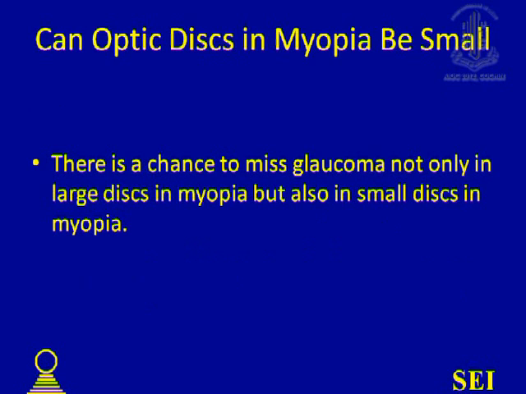So there is a chance to miss glaucoma not only in large discs in myopia, because large discs are difficult to assess, and I will show you some photographs, but there's a possibility of missing glaucoma because some of these patients have small discs.